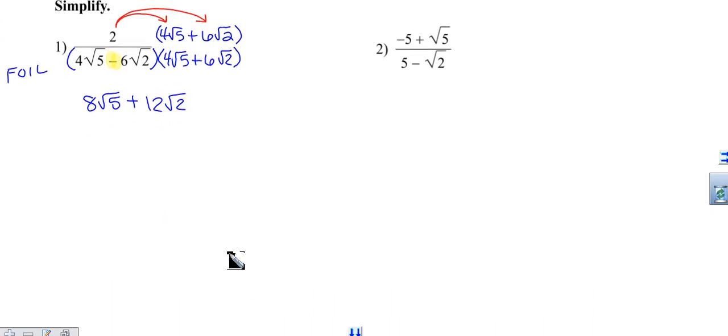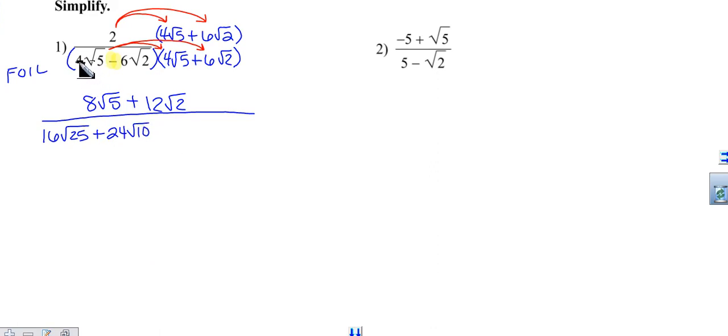First, we're going to take the first term in the first parentheses, and we will distribute that term to both of the terms in the second parentheses. When I do that, again, be very careful to only do outside numbers times outside numbers and inside times inside. I'm going to get 16 square root of 25 plus 24 square root of 10.